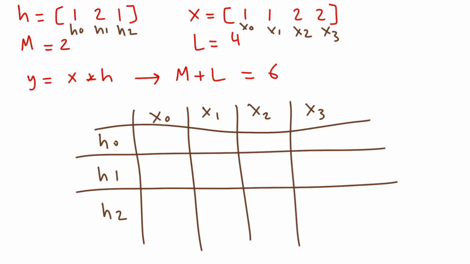Now multiply each element of the row with each element of the column.